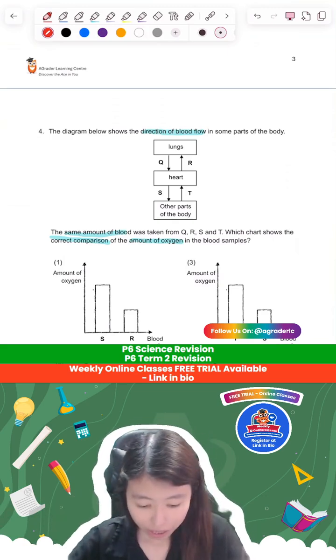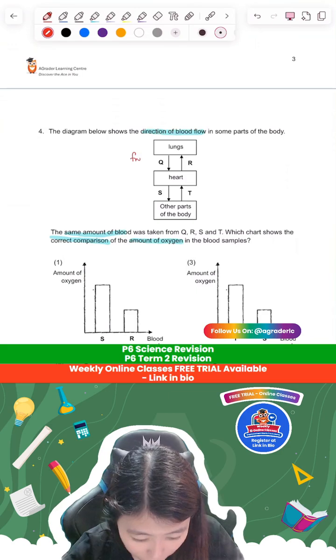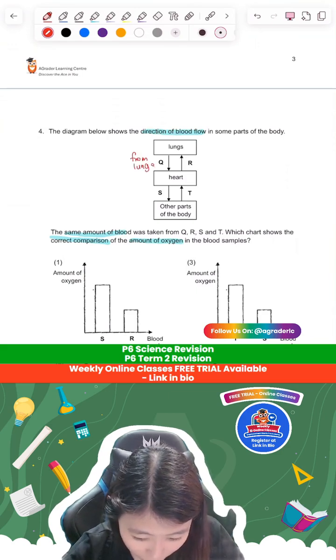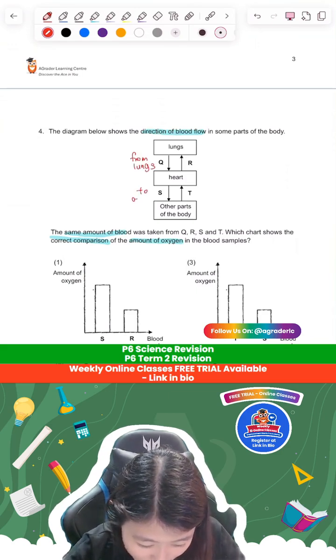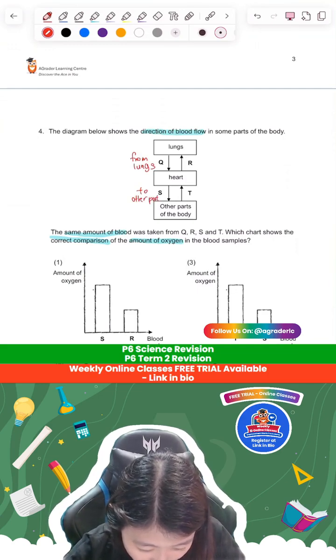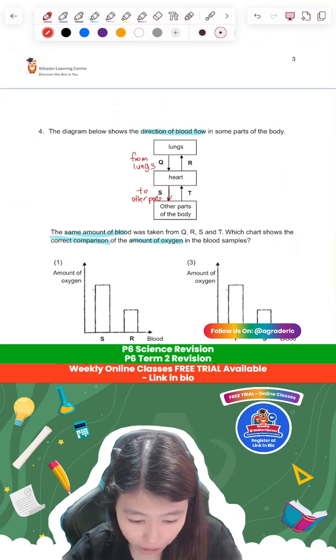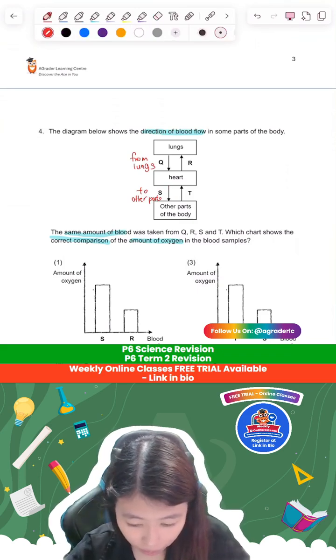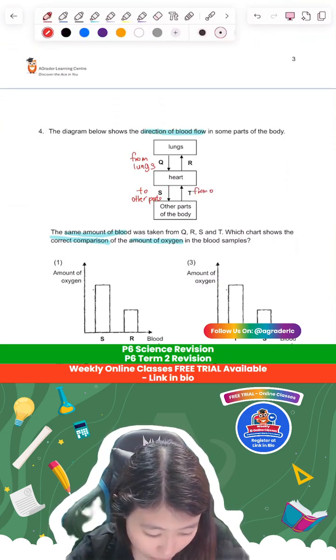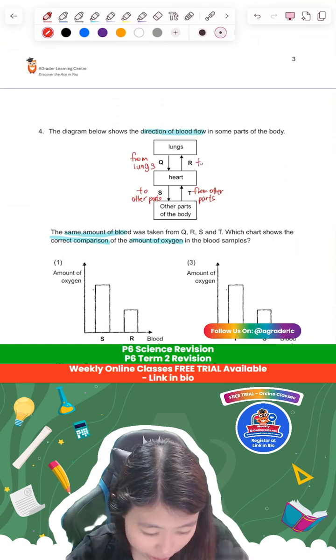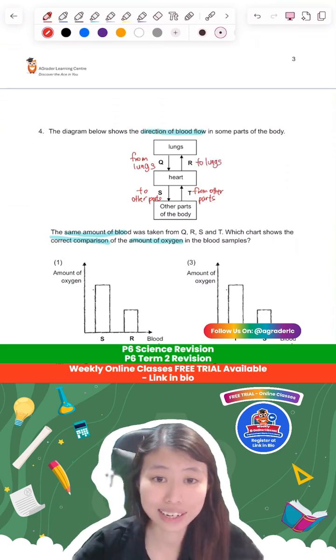So for Q, I would label it as from the lungs. S is to other parts of the body. You can see here they're sending to other parts of the body. T is from other parts of the body, and R is sending to the lungs.